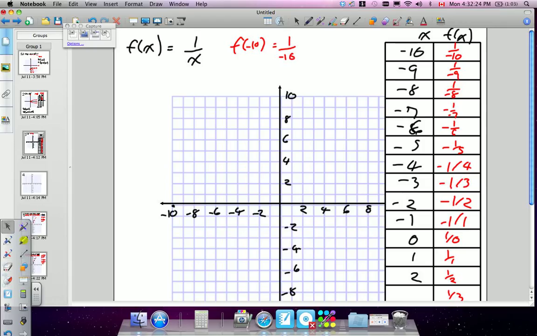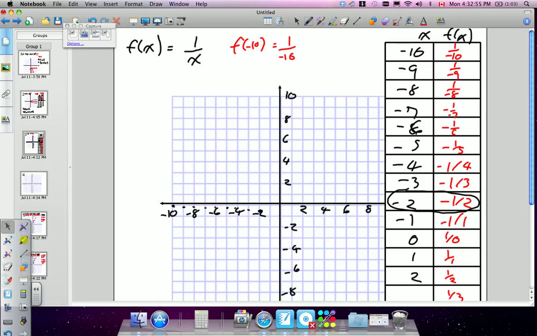When I'm at -9, I'm at -1/9, so it's a little lower. And it keeps doing that pattern, getting a little lower. Then we get to -2. So here's a key one. At -2, I'm at -1/2, so I'm halfway down that point. At -1, I'm at -1.